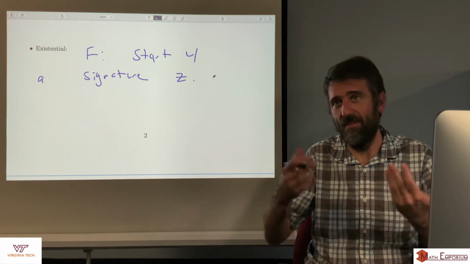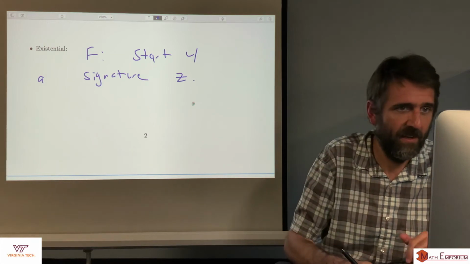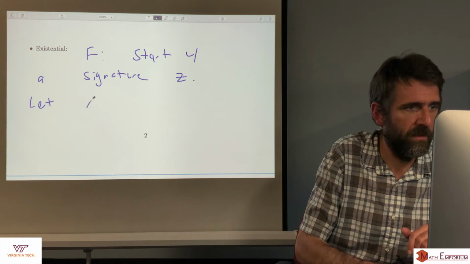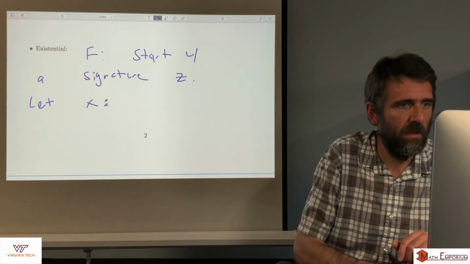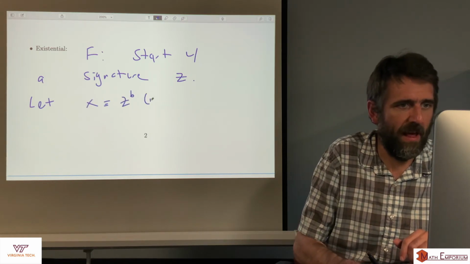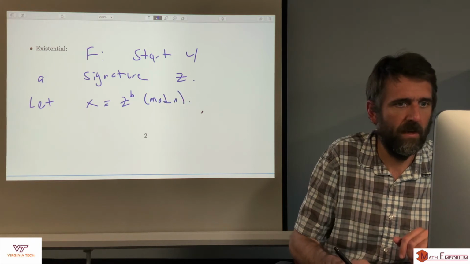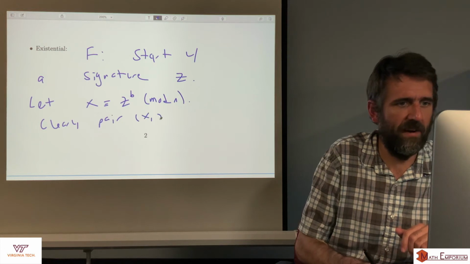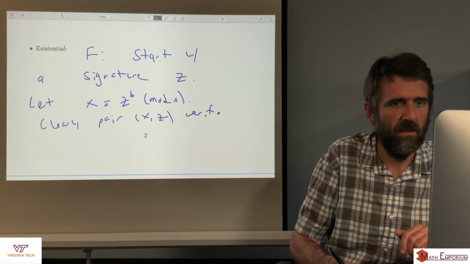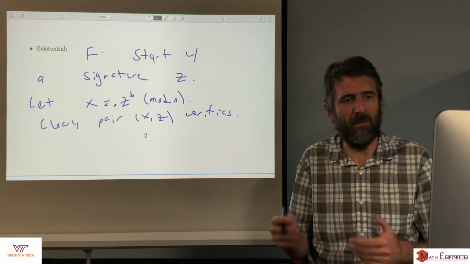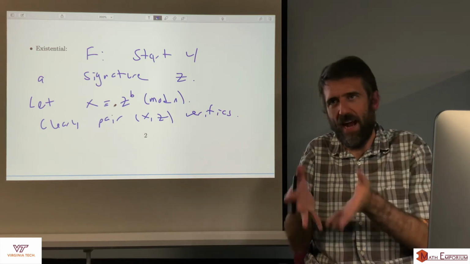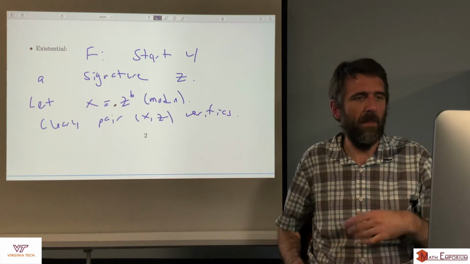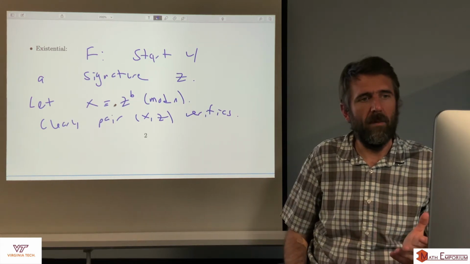I just apply the verification process to that signature. So I'm going to let x just be z to the b mod n. Then clearly the pair (x, z) verifies, because I just obtained x by producing whatever had to be equal to the original message under the verification condition.